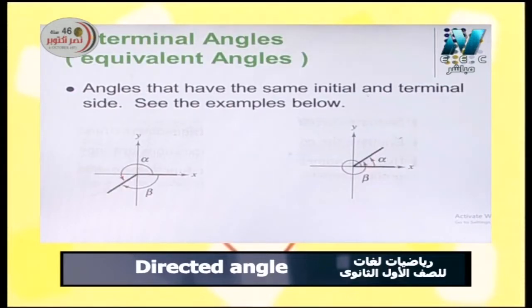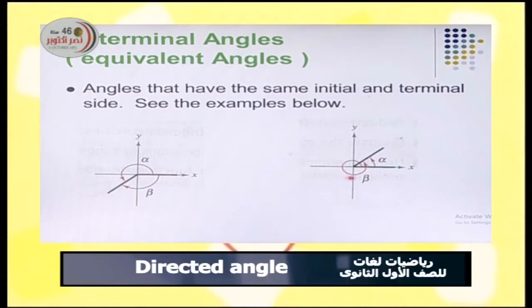Coterminal angles. What are coterminal angles or equivalent angles? Here we have an alpha angle in the anti-clockwise direction, so it is positive. And we have this angle. Look carefully.